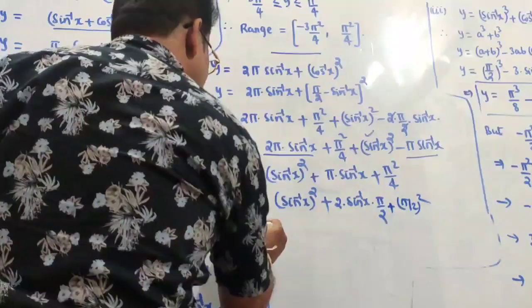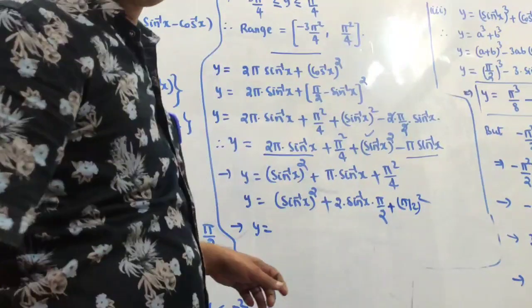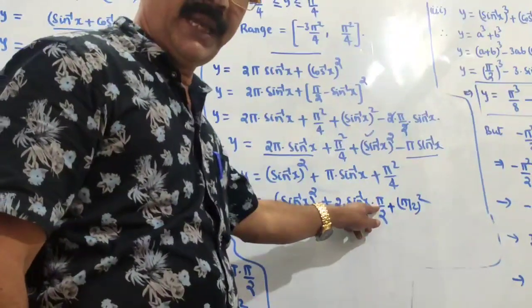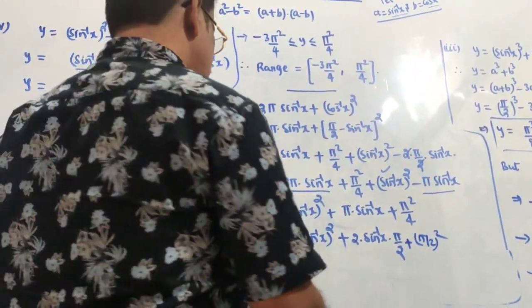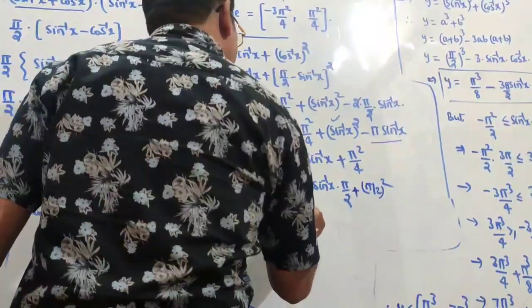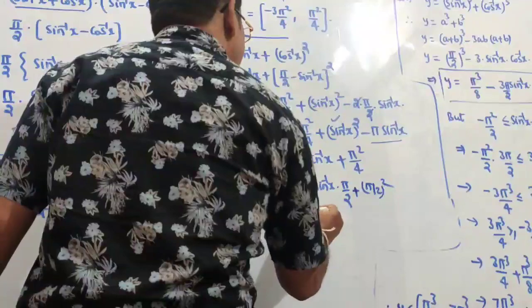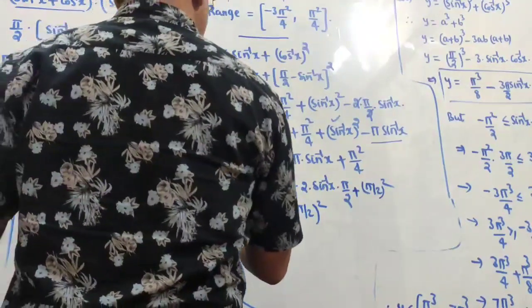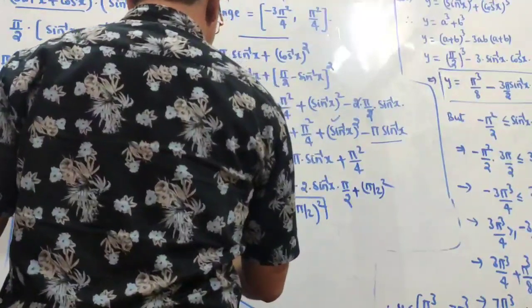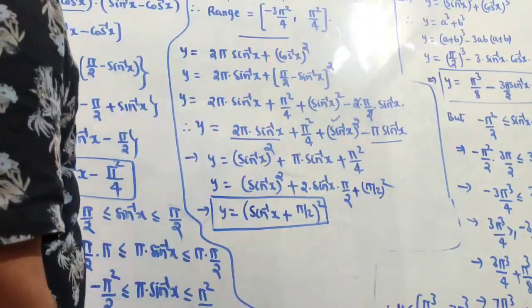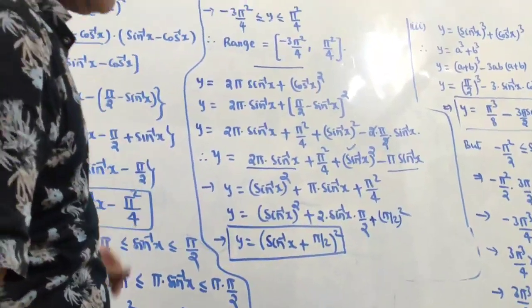So that implies y equals, in the form a square plus 2ab plus b square, a plus b whole square. So now the given function is in the simplest form: sin inverse x plus pi by 2 whole square.